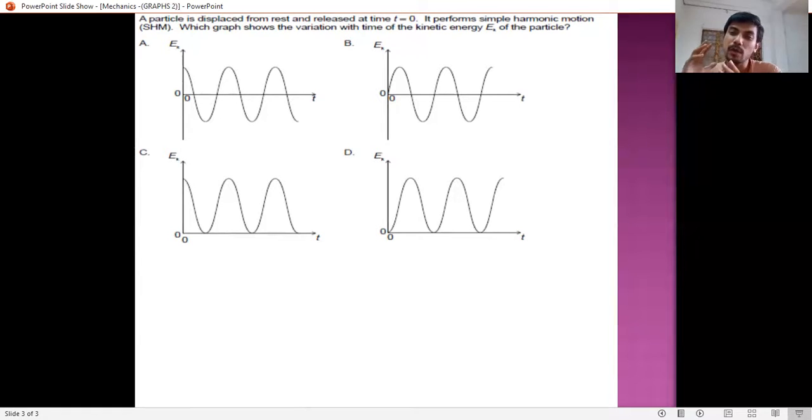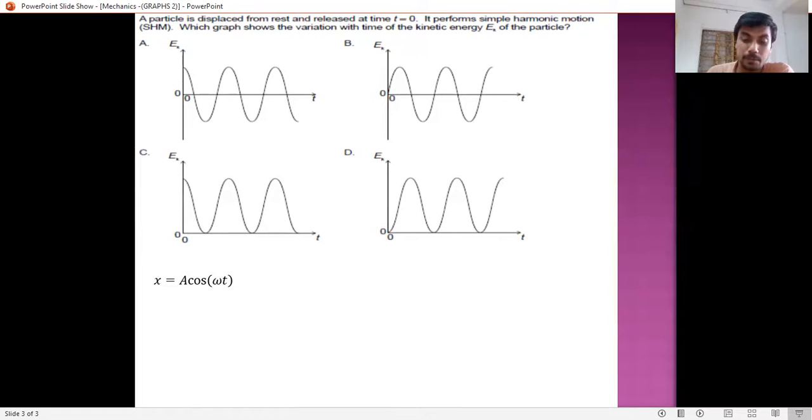So by doing it this way, you can definitely understand that it's going to be option D. But what if someone wanted a more detailed mathematical analysis? I know that some of you would like to do that. So for all those who are interested in doing it that way, let's try to do it in this way.